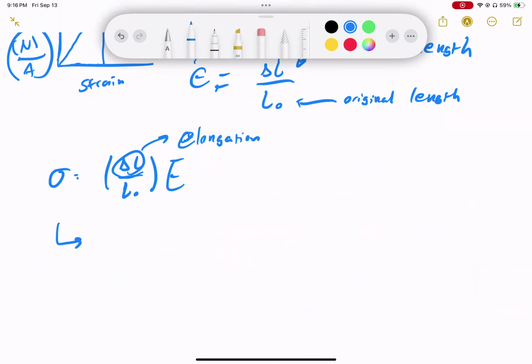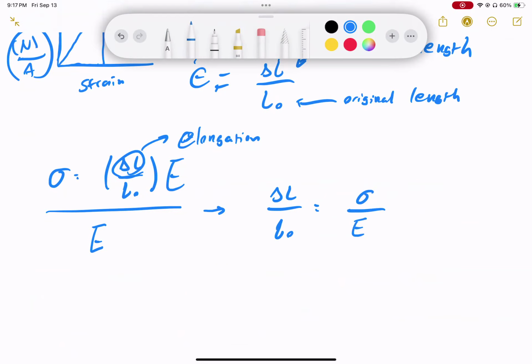So what I'm going to do is make this a little clearer. Divide by the elastic modulus. Now I'm left with delta L over the initial length equals the stress over the elastic modulus.